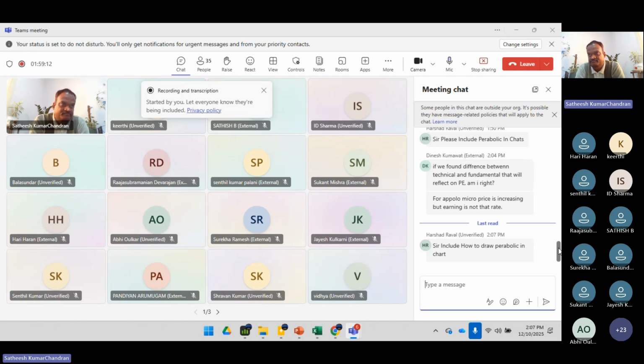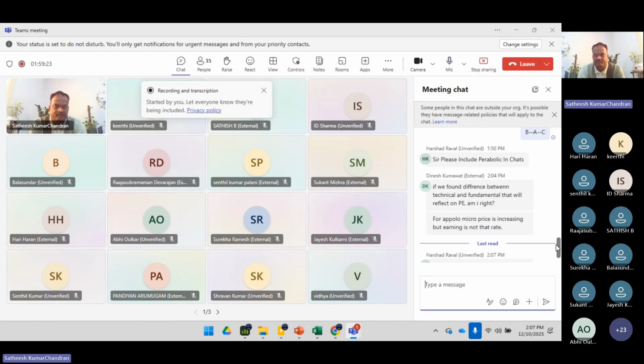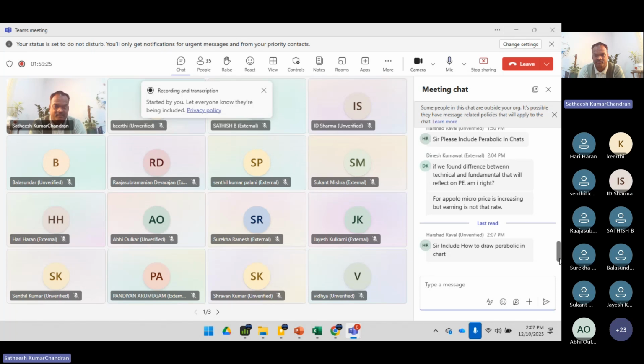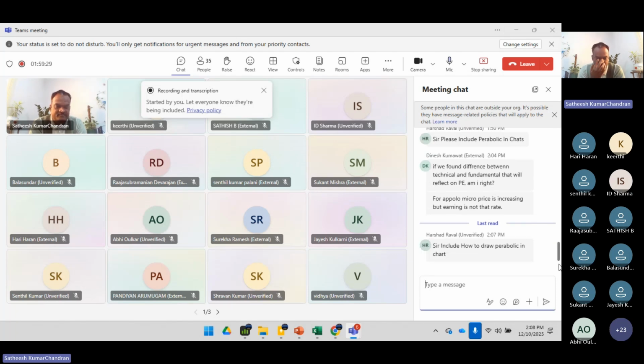Earning should travel parallelly along with the price. How to draw parabolic, I will ask Senthil, because I'm not a hardcore technical analyst. I've used it only for resistance, support, breakouts, because I'm more of a business analysis and fundamental analysis person. Okay, fine. We will go to the next slides.